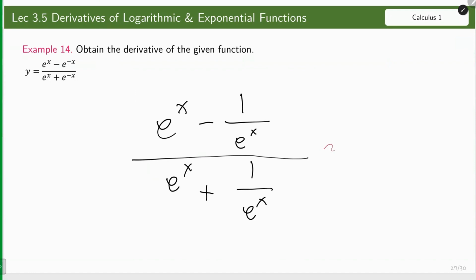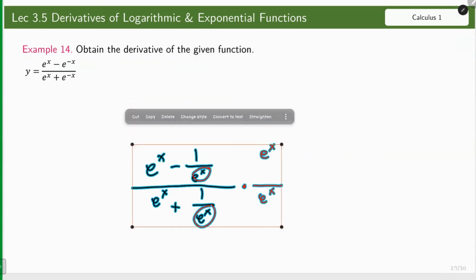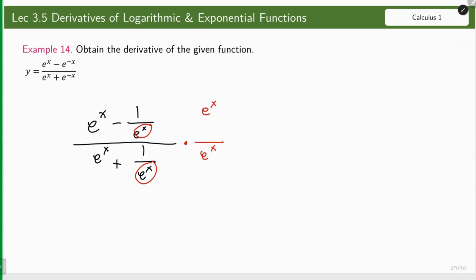Okay, we can multiply the entire fraction by e raised to x so that this will be gone and also this one. The resulting expression would be e raised to 2x minus 1 all over e raised to 2x plus 1.